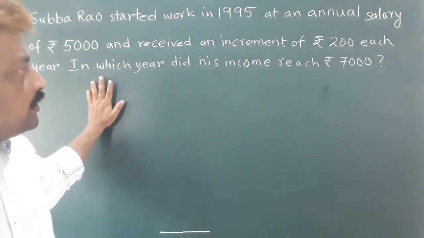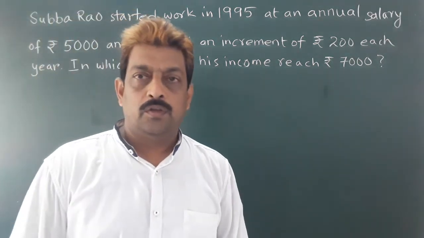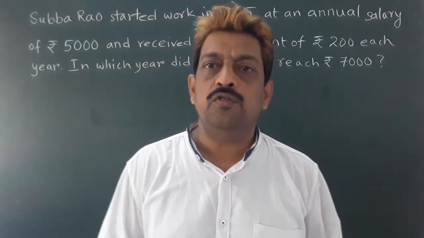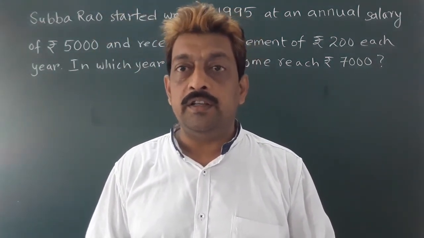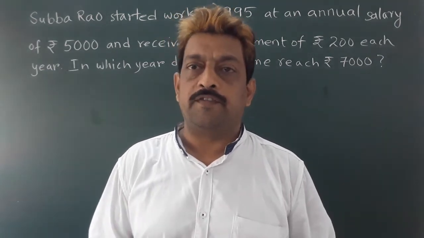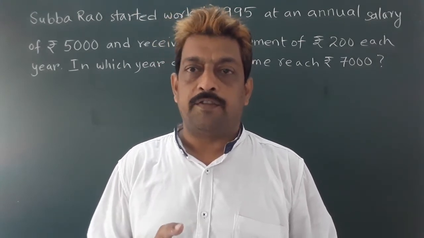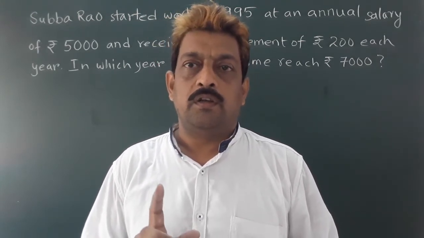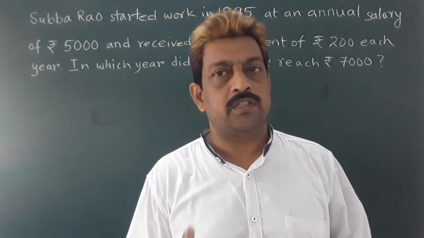In which year did his income reach rupees 7,000? So the initial salary is rupees 5,000. Every year there is an increase of rupees 200, and the salary after a certain year will be 7,000. We have to calculate after how many years, that is, in which year his income will be rupees 7,000.